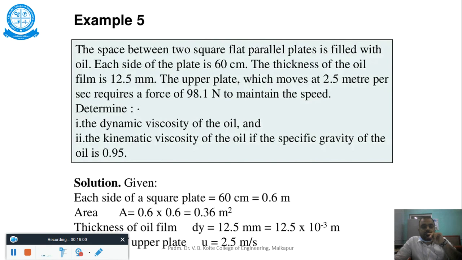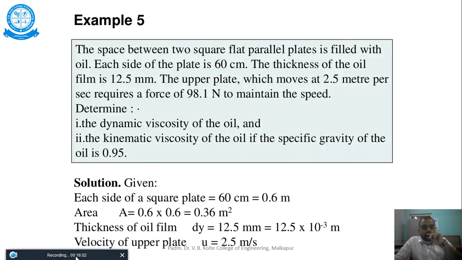Okay, so write down the given data here. Which parameters are given here? Side of the square plate 60 cm. So we have to convert this centimeter into meter, that is 0.6 meter. What will be the area? The plate is square type, so A is equal to 0.6 into 0.6 means 0.36 meter square.